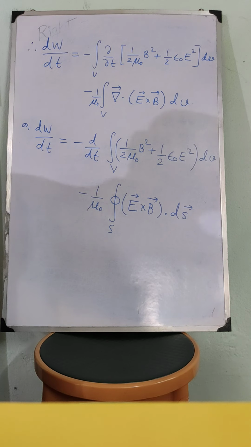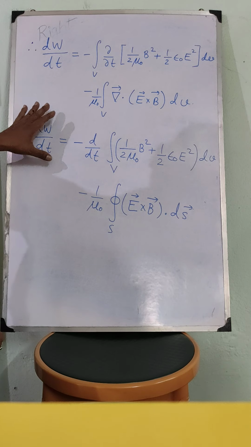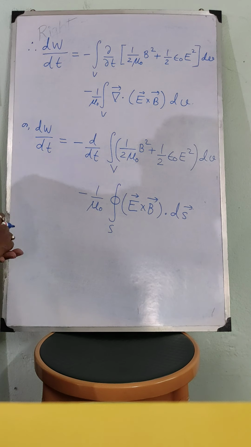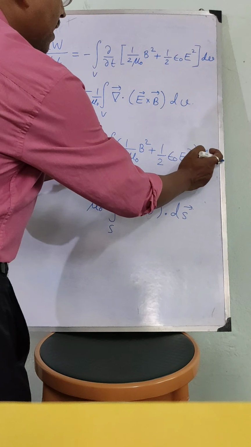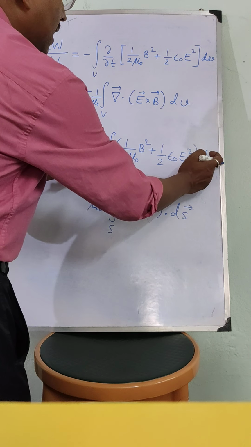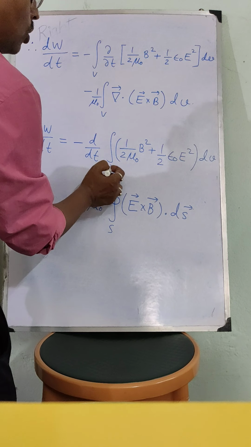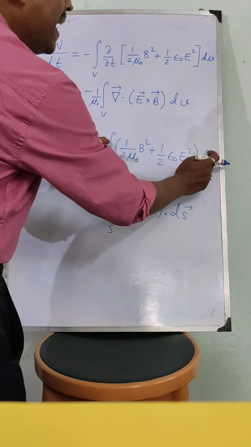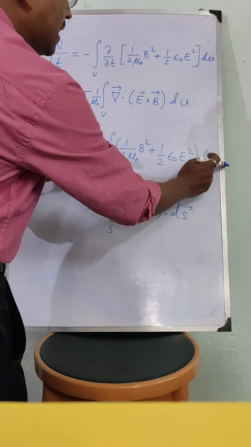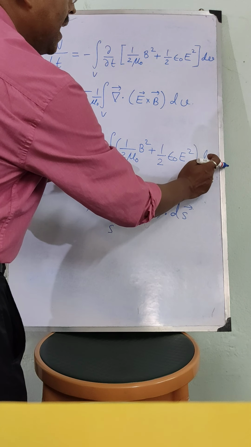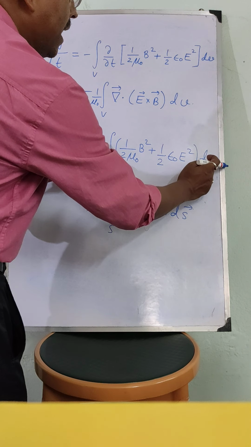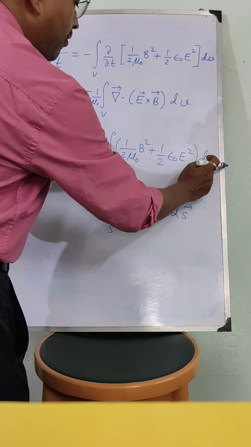So this is our final expression of the rate of work done by the electromagnetic field on the charges in volume V. Okay, now what we see is that the rate of work done is equal to, see, this integral is the net energy stored in volume V of the electromagnetic field.